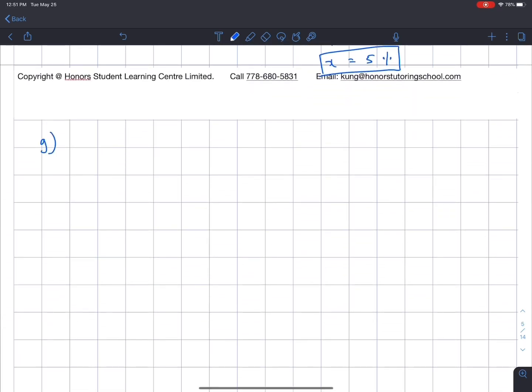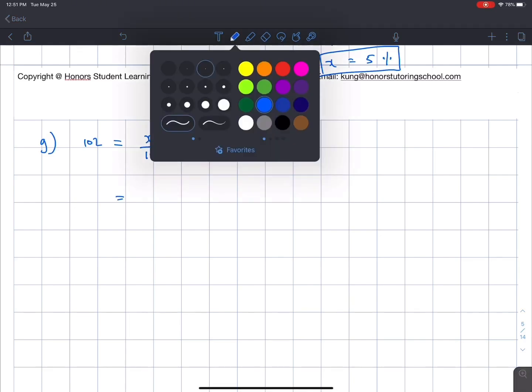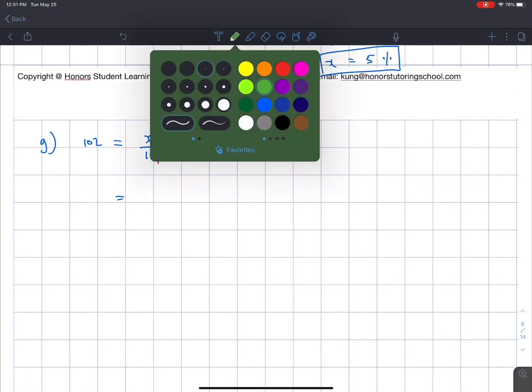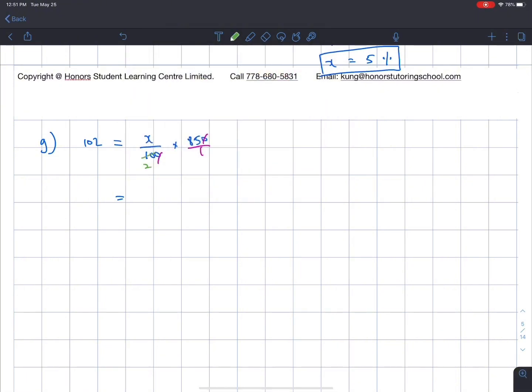G. 102 "is" means equals what percent? So x over 100, because it's percent, "of" means times 50. Again, I will simplify first, cross out the 0. Divide 10 by 5 to get 2. Divide 85 by 5. We get 17.